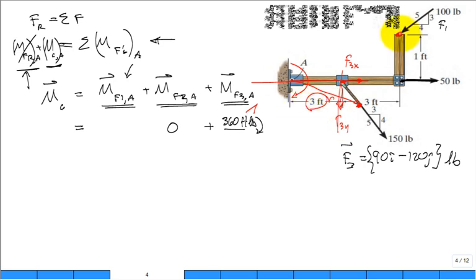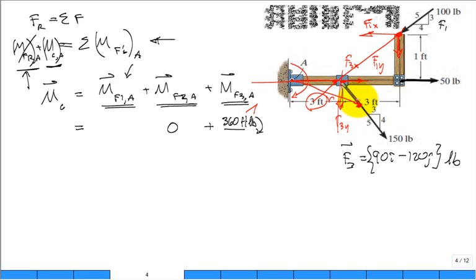Now, this one over here, I could do the same thing. I could use the principle of transmissibility, but then I've got to be accurate and look at where exactly it lands, and I'm not certain where it's going to land or cross. So what I'm going to do is decompose it into F1 in the x and F1 in the y. I'm showing the correct direction of those two components.